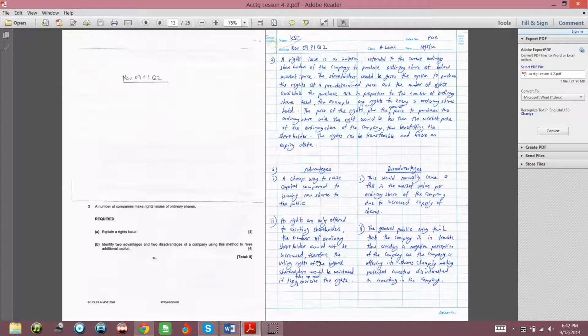Correct. So for example, your public listed company is only dominated by a few people, or a few family members or friends who all know each other very well. If the rights issue is issued to the existing ordinary shareholders in that proportion, we are not getting more people to come in and join the company.